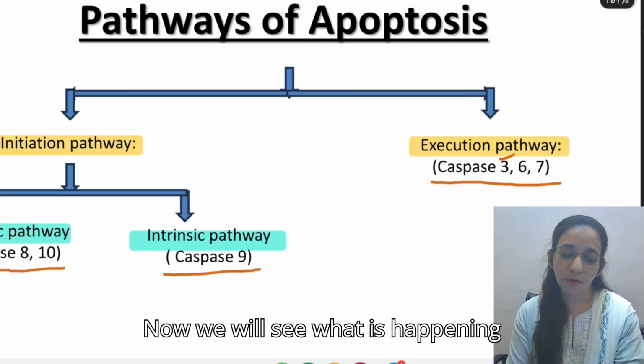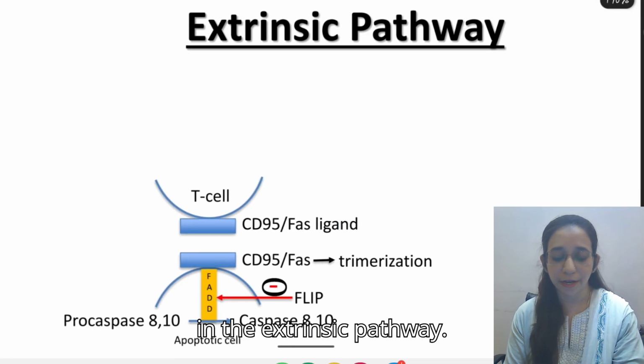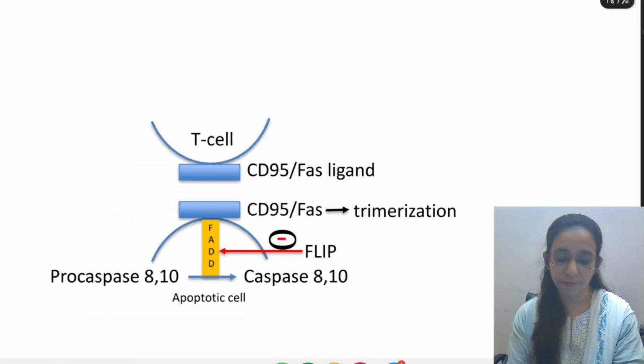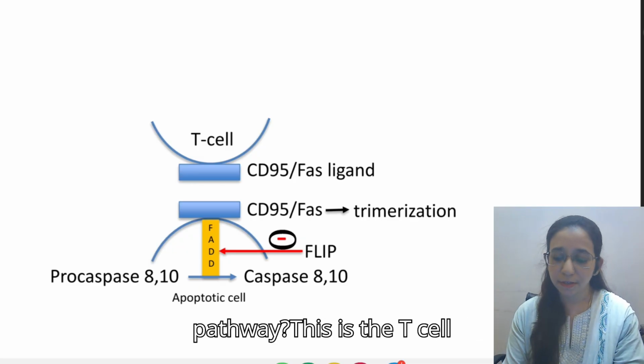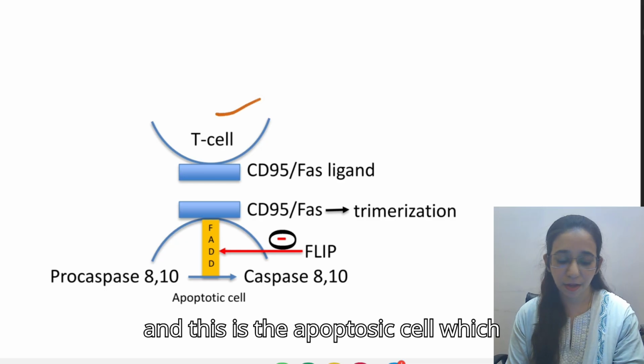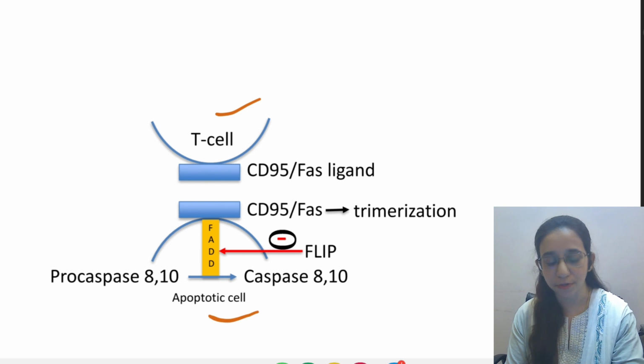Now we will see what is happening in the extrinsic pathway. This is the T cell and this is the apoptotic cell which is destined for apoptosis.